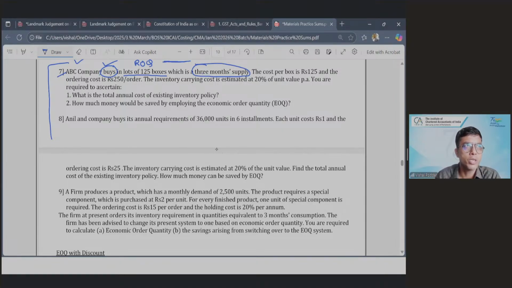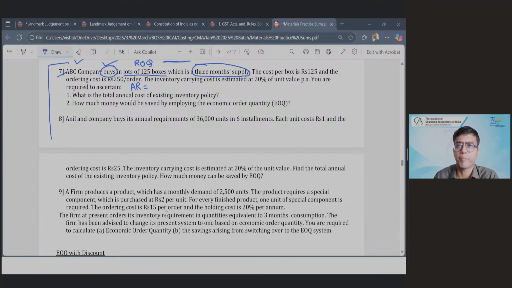And they are using language to give you a hint as to what is AR. So AR will be what? They are saying that this 125 is your 3 months supply. So this information helps you in finding out what is AR. Correct?